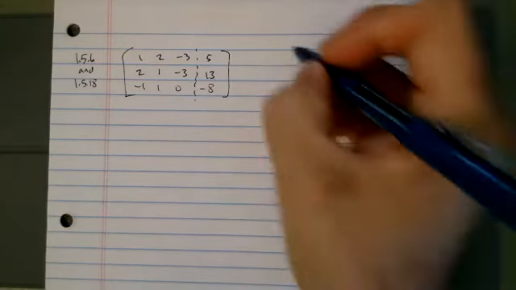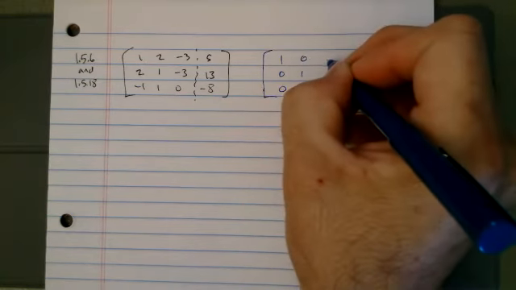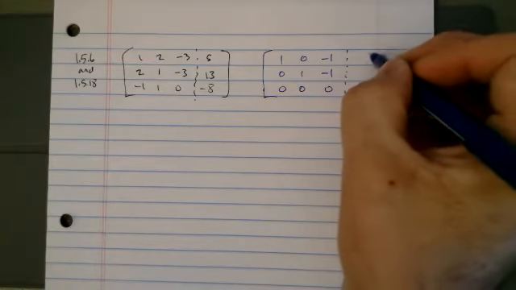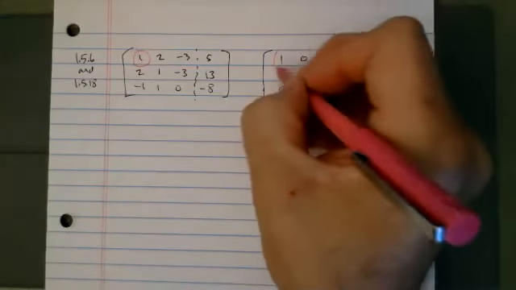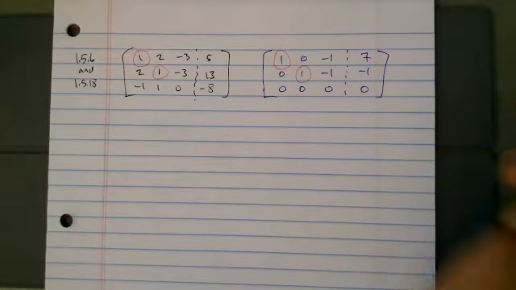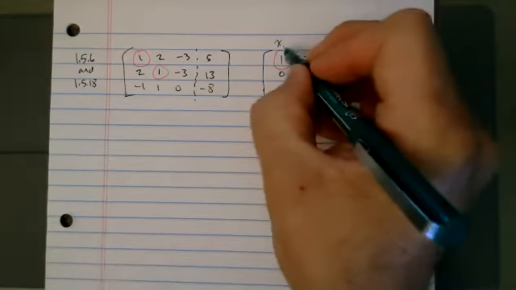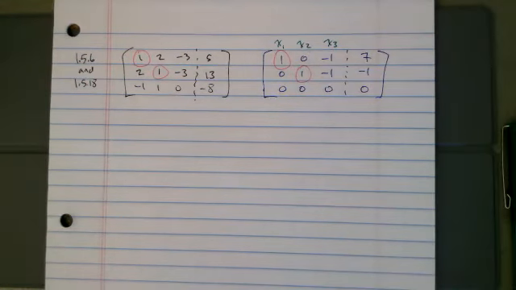And the reduced echelon form of this augmented matrix was 1, 0, 0, 7, then 0, 1, -1, -1, then 0, 0, 0, 0. So we have a pivot in the first row, first column, and a pivot in the second row, second column, and then no more pivots. If I think about the variables x1, x2, and x3, we can see that x3 is a free variable.